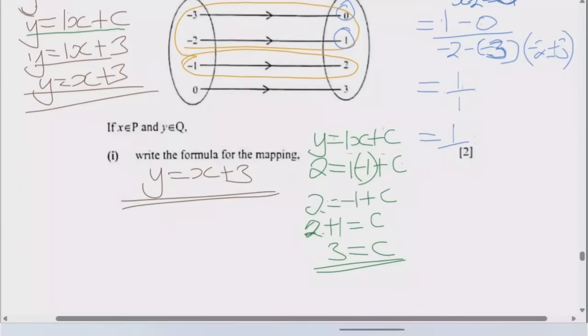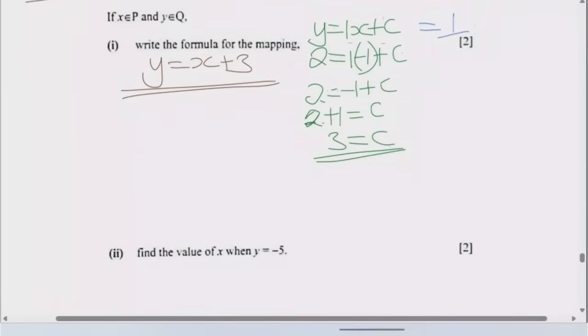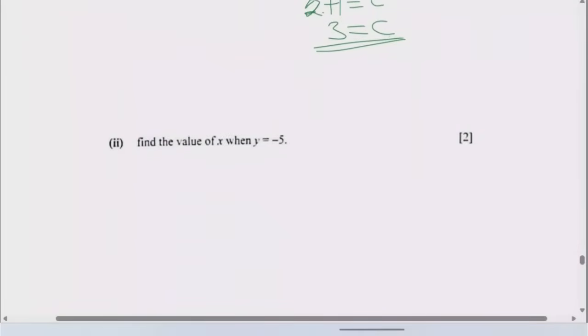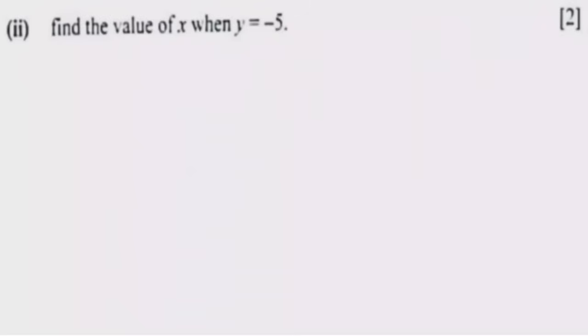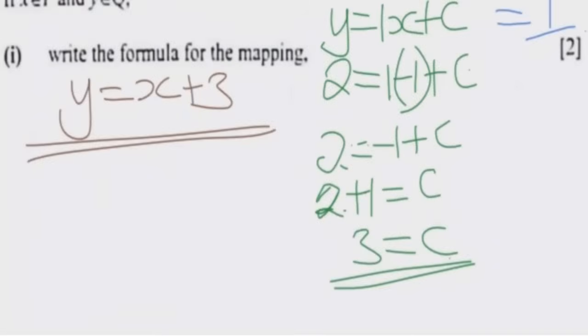All right. Now we go to the next question, question 2. Find the value of x when y is equal to -5. The formula we got is this one, so we're going to copy it. y is equal to x plus 3.